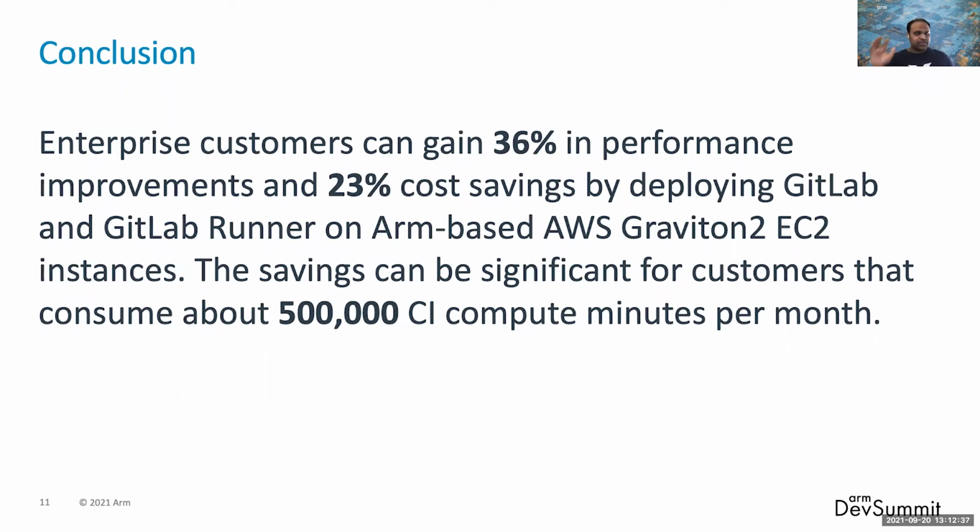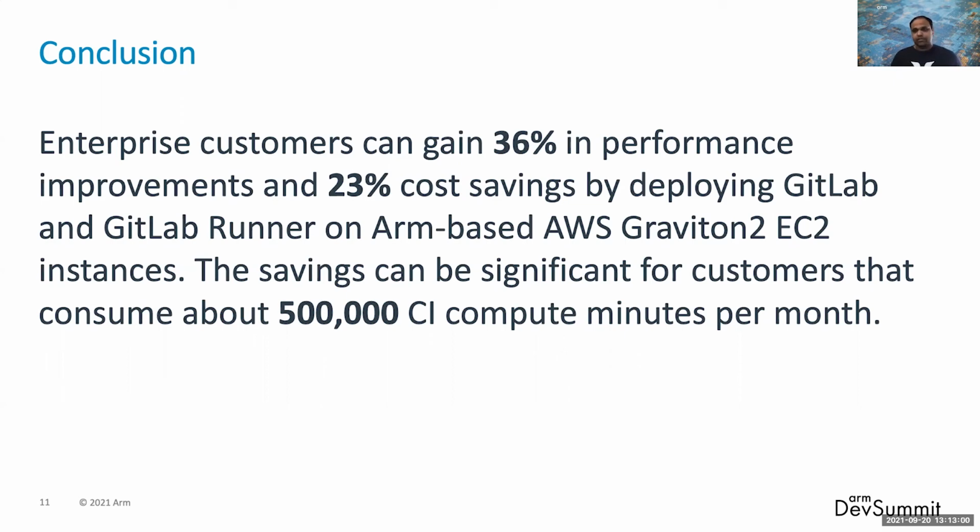What we'd like to say in conclusion is that you can have up to 30%, 36% gain that we saw in terms of performance for GitLab runners. That's just a key metric, of course, with different data sets and different sizes. The parameters are different and you'll see some different results, but this is a key metric that we wanted to measure, and you can see the benefit of it.